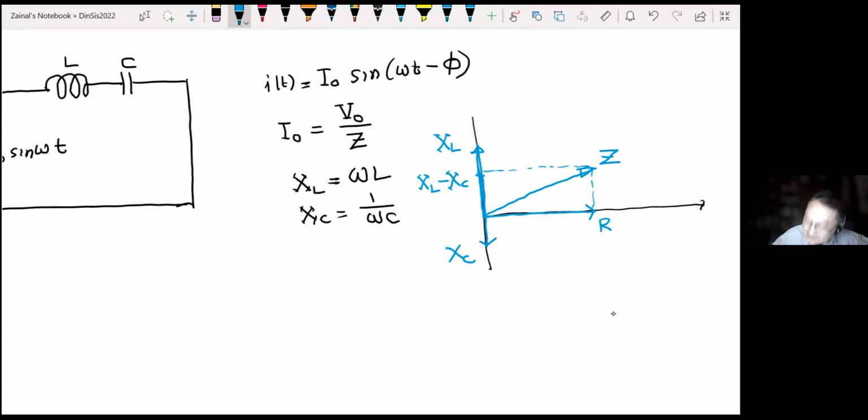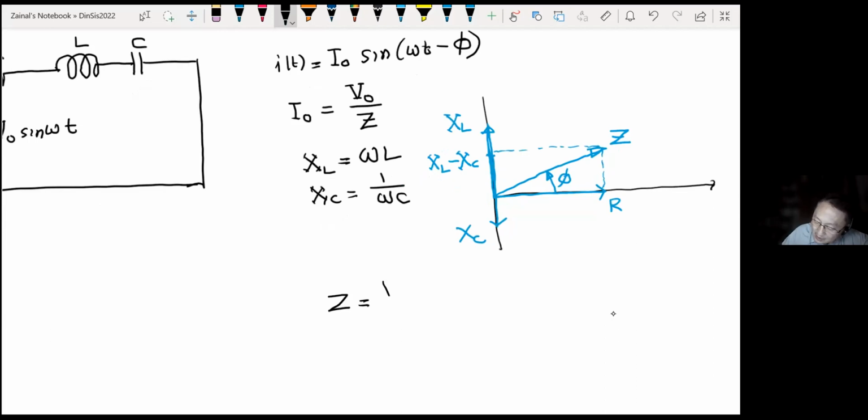Therefore, based on this graph, you know that Z is equal to the square root of R squared plus (XL minus XC) squared.